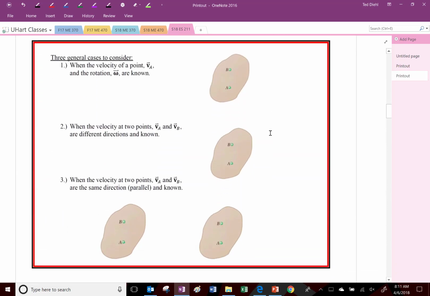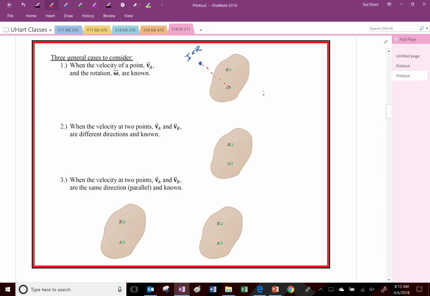So just make up a couple points right here. If we happen to know where the ICR is, we can draw a line from it to the point that we care about, and we know that the velocity is going to be perpendicular.